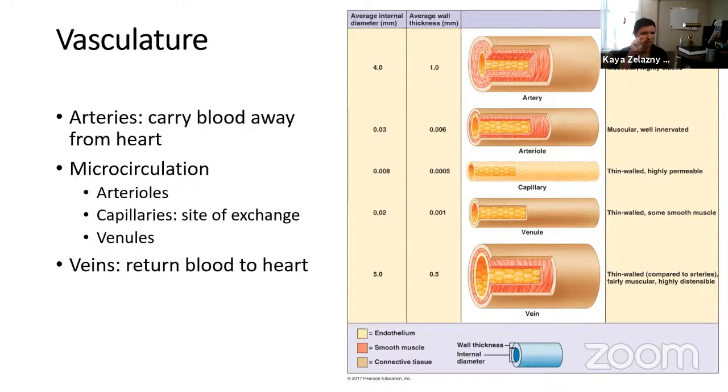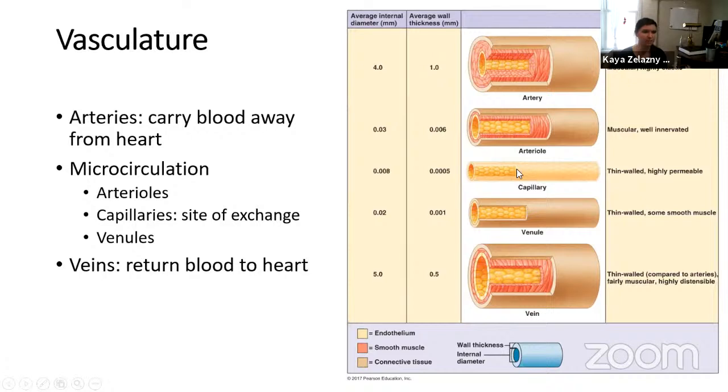They're going to be really, really small. You're not going to see named arterioles in the cadaver lab. But they're going to be really important to our understanding of how the whole network of blood vessels works. So our arterioles are very small, carrying blood to the capillaries.